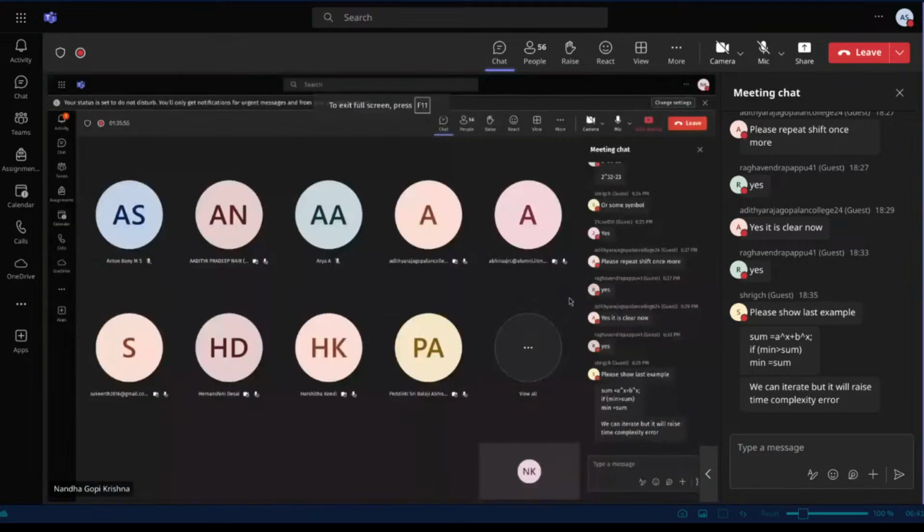Yes, that is correct. If we iterate, we'll get a time complexity issue. We will have time limit exceeded.